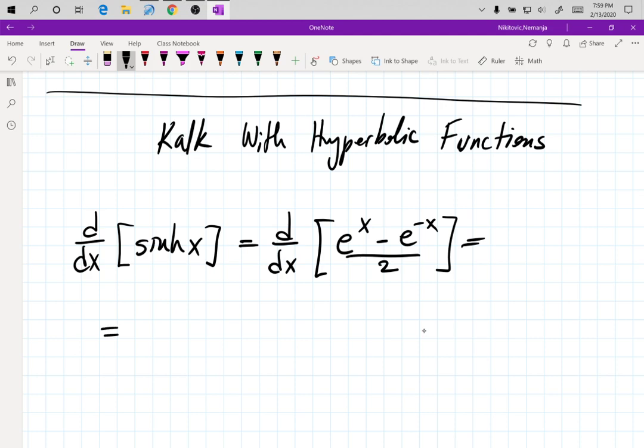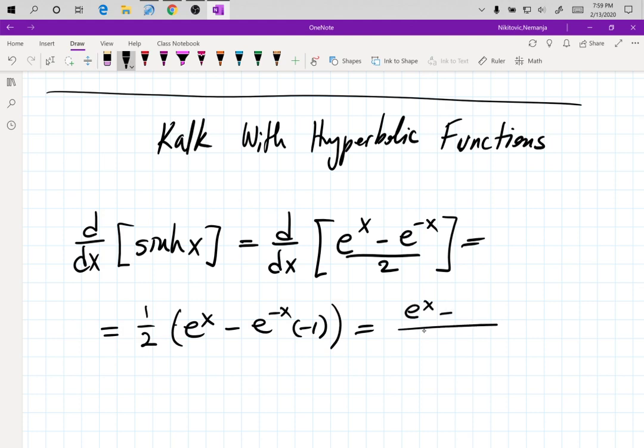So that's going to be 1/2 of e to the x minus e to the minus x times -1 in a chain rule. All of this goes into e to the x plus e to the minus x over 2, which is cosine hyperbolic x. In this fashion, you can work them all out. All of them.